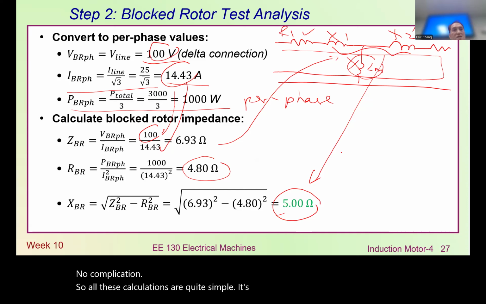So you can see that with this test, we are able to conduct most of the loss measurement. Then for per phase losses during the no-load test, we take the per phase losses and minus the conduction losses here, then we can estimate the core loss. You see in the no-load test here, we are excited by the full voltage, rather than low voltage, because in the blocked motor test, we have very low voltage.